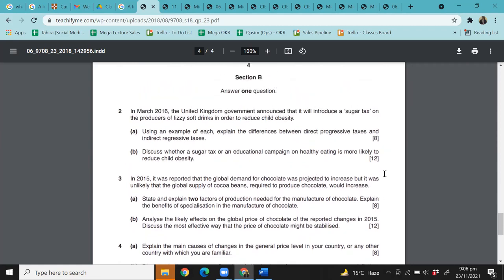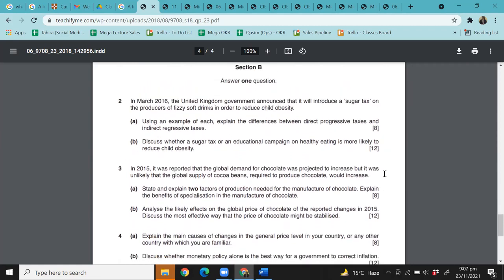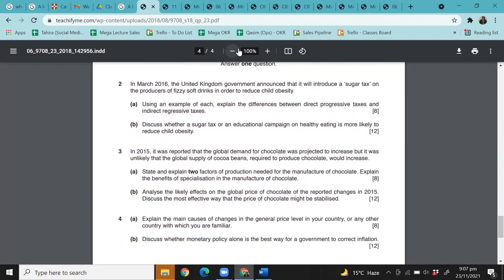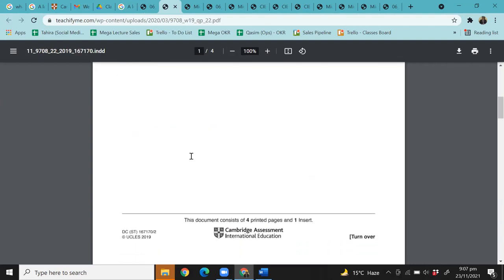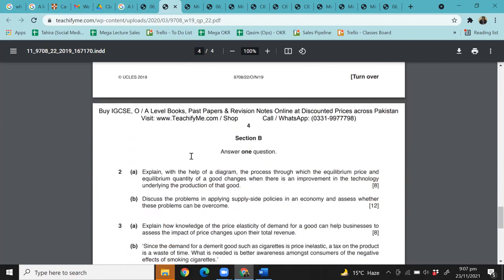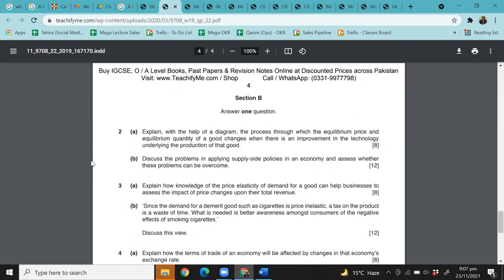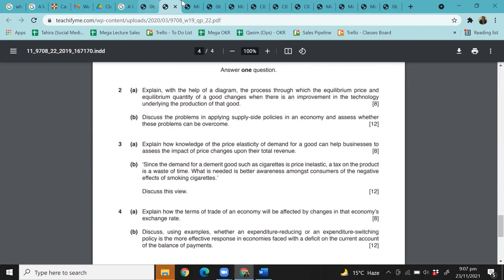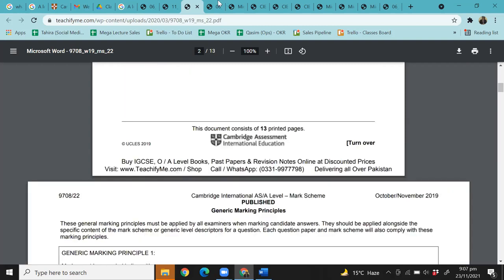So let's see if any of these questions is from unit 1, if we can find any essay questions. Okay, this is a marking scheme.